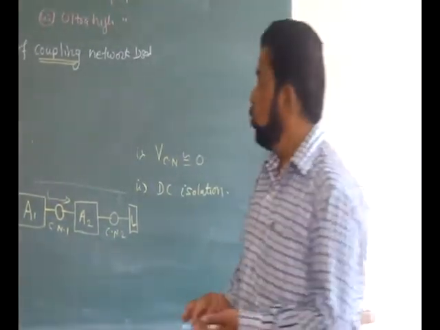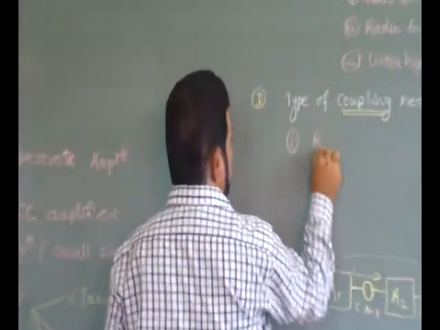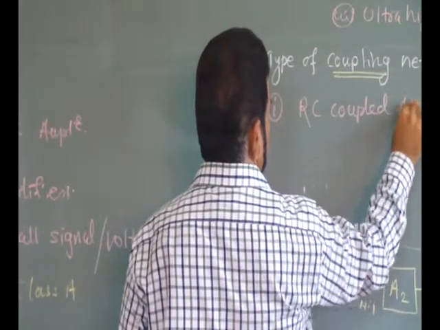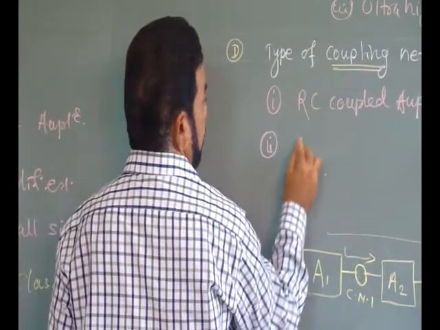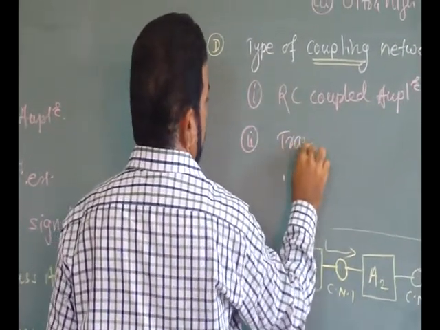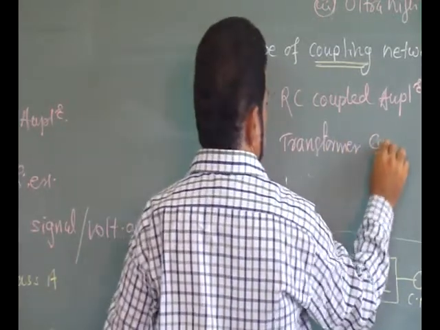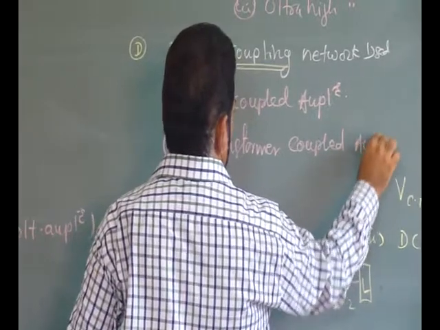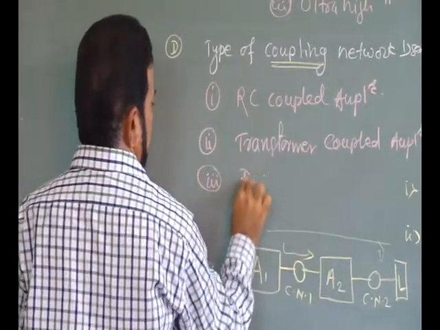Based on that, you have the classification: first one, RC coupled amplifier. Second one, transformer coupled amplifier. And third one, a direct coupled amplifier.